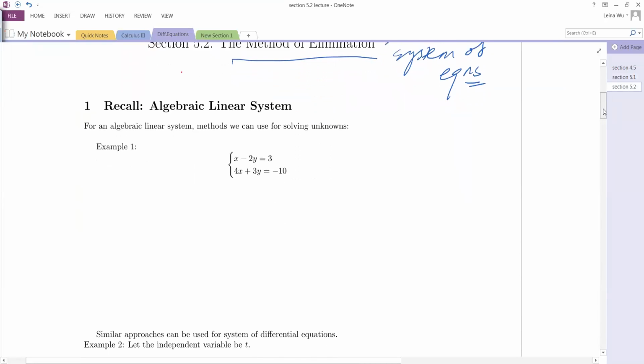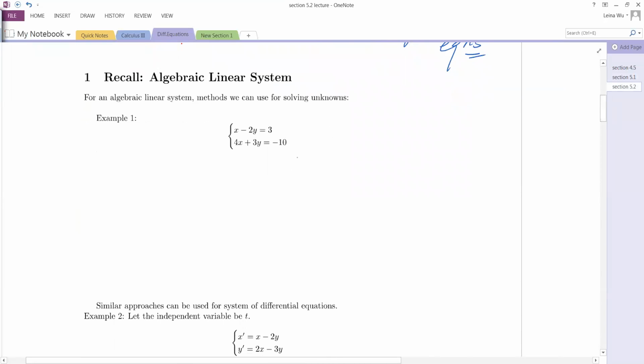And the system of equation we know before is algebraic linear system. So suppose we have algebraic linear system. For algebraic linear systems, they look like these. And of course, if you have taken linear algebra, you know there are other more complicated systems, right? But they're all linear. So this is a very simple linear system of two variables and two unknowns.